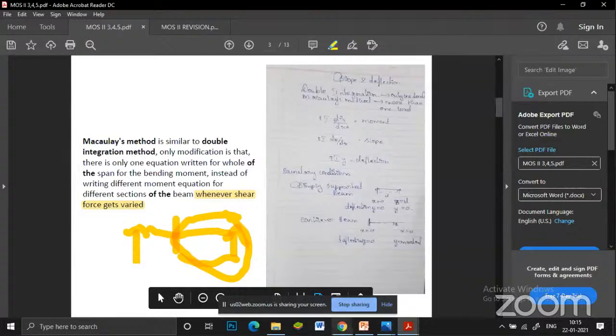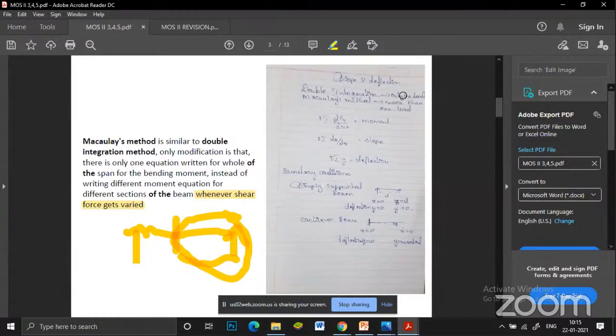The next most important thing is slope and deflection: the double integration method and Macaulay's method. You will have confusion about which case to use double integration method and which case to use Macaulay's method, so we should have an idea.